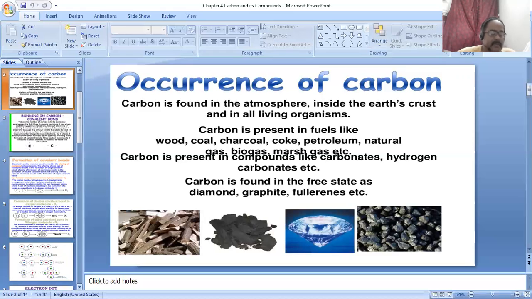In the modern periodic table, carbon is present in the 14th group, and the members of this group have 4 valence electrons in the outermost shell. Carbon is a single type of element that shows tetravalency.